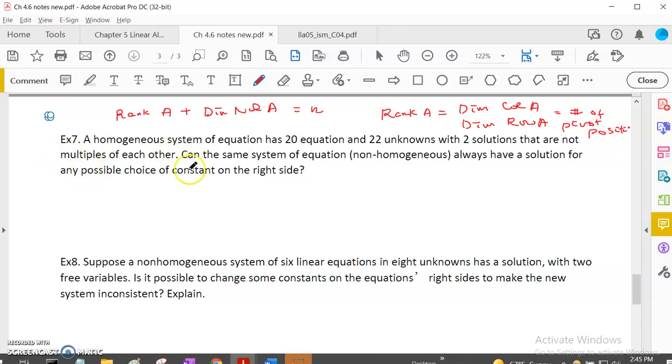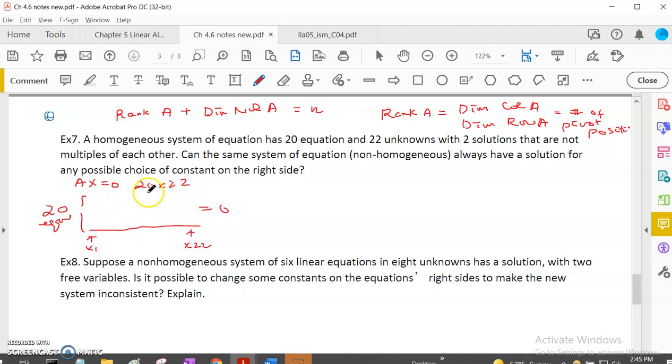A homogeneous system of equations, homogeneous meaning AX equal to 0, has 20 equations and 22 unknowns. So it is a 20 times 22 matrix. Visualize it as 20 equations with variables x1 to x22, equal to 0.